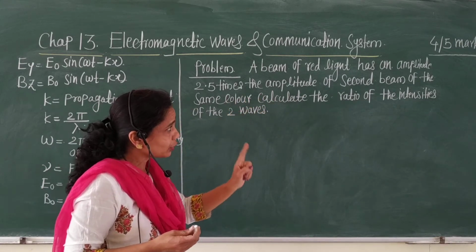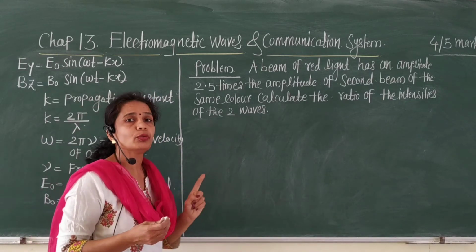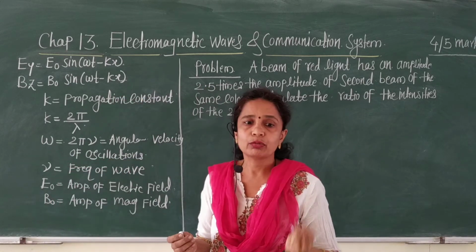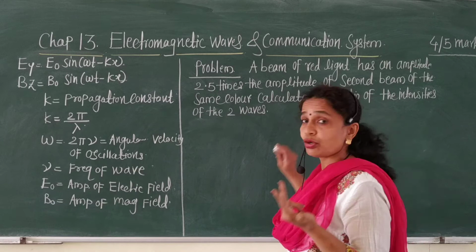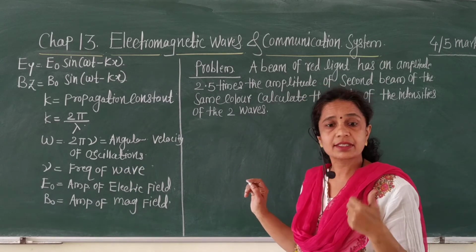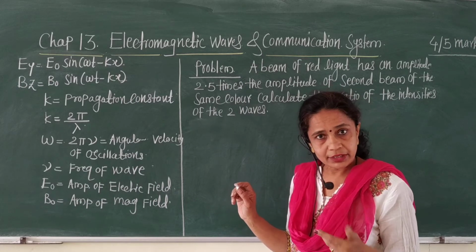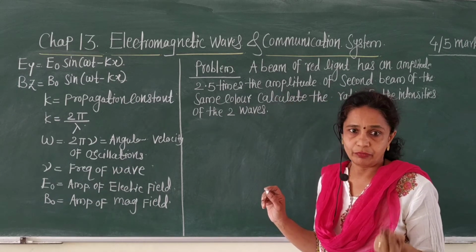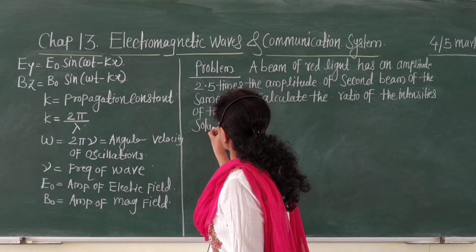Calculate the ratio of intensities of the two waves. We have been given two waves and we have to obtain the ratio of their intensity. Let I1 be the intensity of the first wave and I2 the intensity of the second wave.